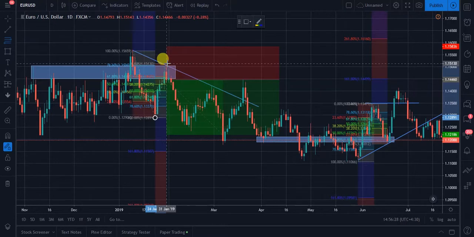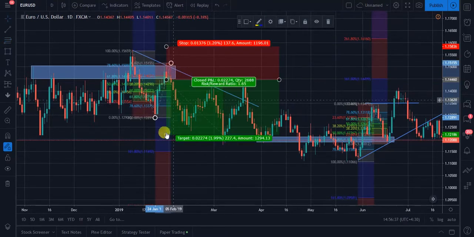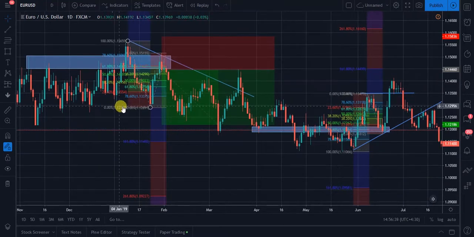For the Fibonacci extension, we also use the Fibonacci retracement, because this Fibonacci retracement shows us all the numbers over 100%. So the Fibonacci extension numbers are all above 100%. For example, 161%, 127%, 261%. These are Fibonacci extensions.